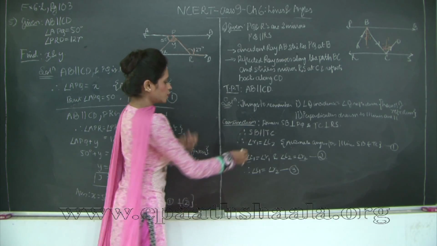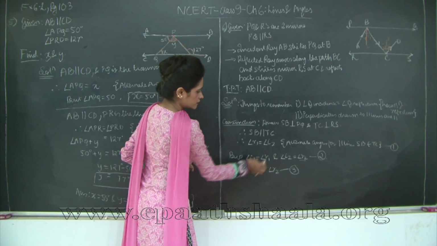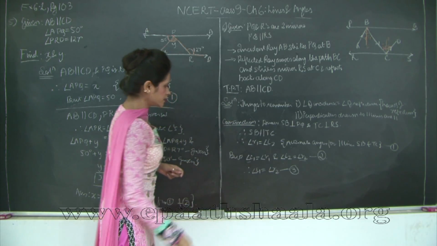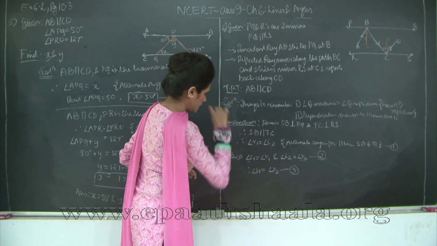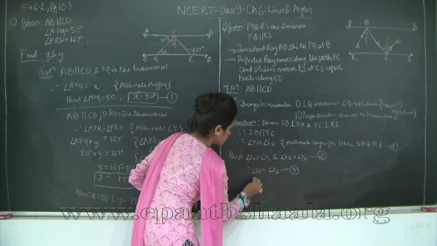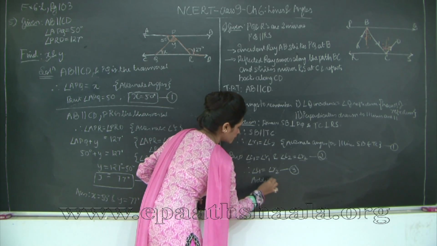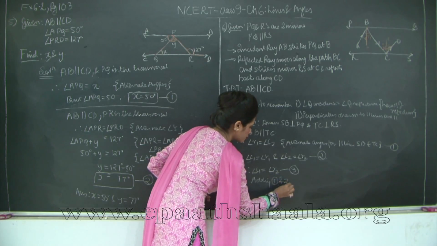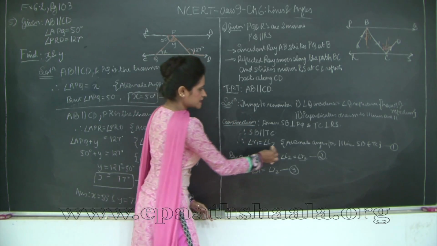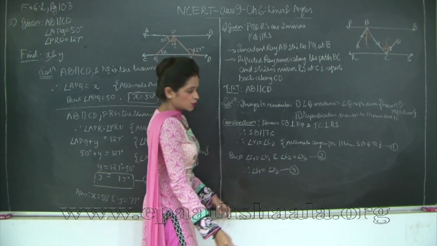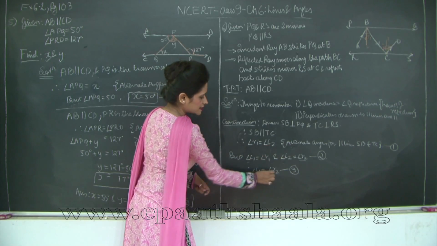Right? Now, if you add these two, what do you get? Adding 1 and 2. If you notice your equation 1 and equation 2, what do we have? We have two equals, right?